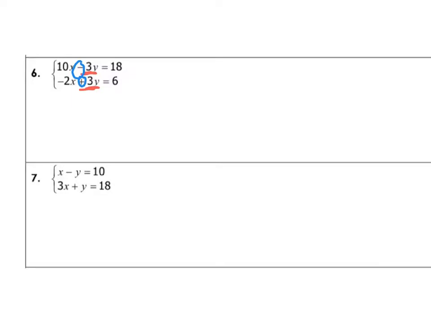This will make it easy for us because now we just have to add the two equations together, because the y's will cancel out and get eliminated. So I'm going to add my x's first. 10x minus 2x is 8x. Our y's cancel out. I'm just not going to write the 0. I'm just going to leave it as 8x equals, and then 18 plus 6 is 24. And then we just have a nice divide by 8 to solve for our x, which will be 3.